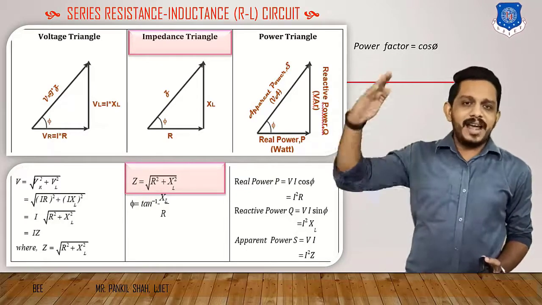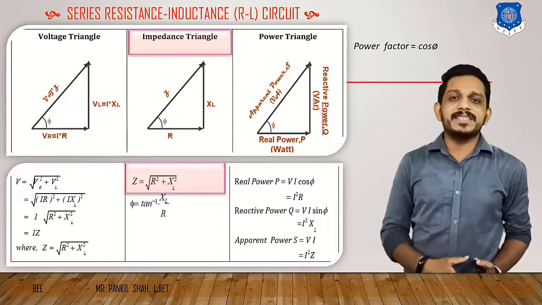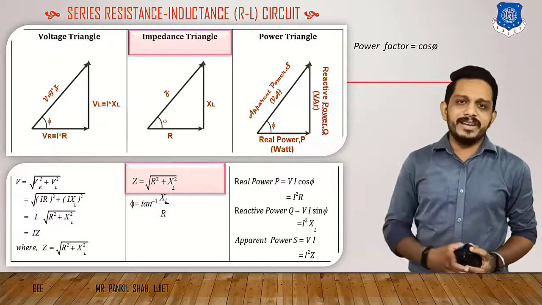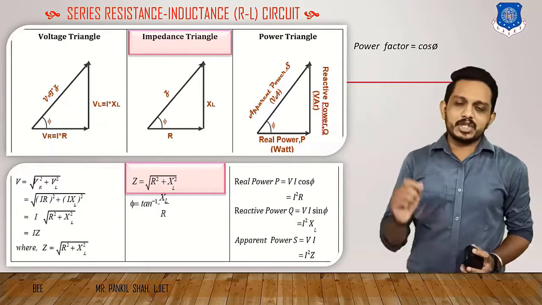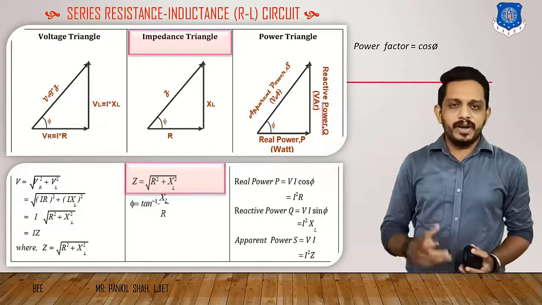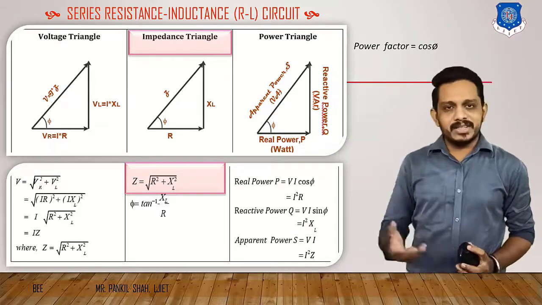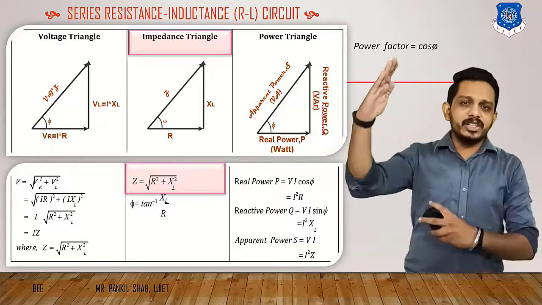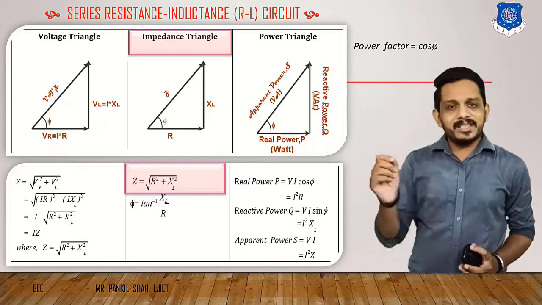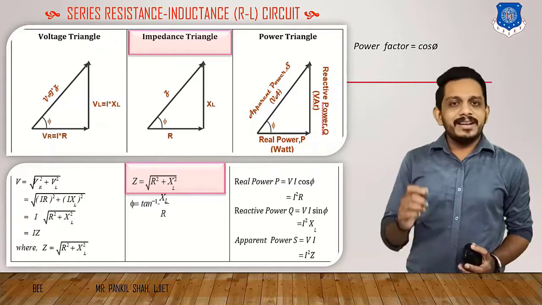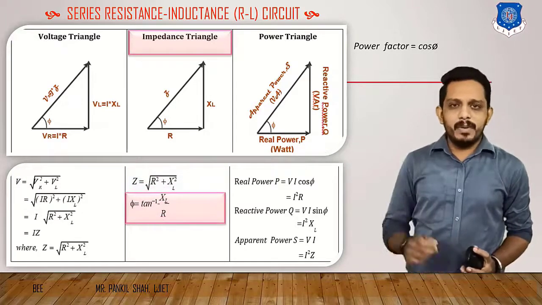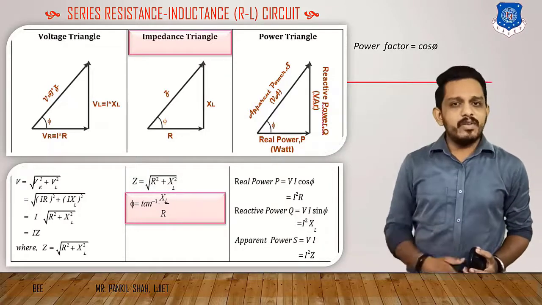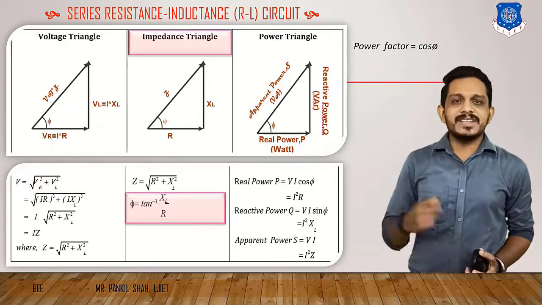And this diagonal, if divided by I, will be Z. If we apply Pythagoras to this impedance triangle, then Z is equal to the square root of R square plus XL square, where Z is the impedance, R is the resistance, and XL is the inductive reactance. The angle between these two sides, Z and R, is the angle phi. If you want to find the phase angle phi, then phi is equal to tan inverse of XL by R, or you can find phi as cos inverse of R by Z.